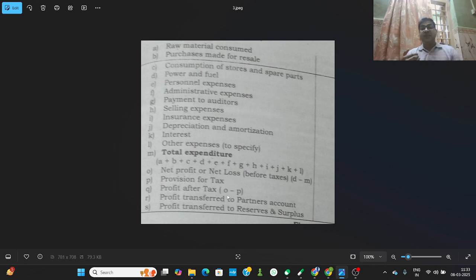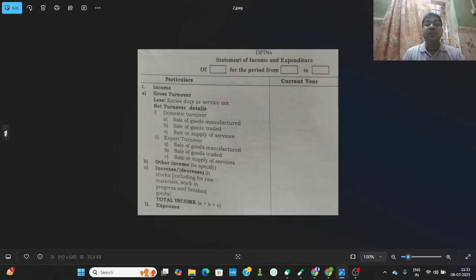Whatever profit we received will be transferred to the partners' capital accounts, and some profit we will share to the reserves and surplus. So this is the vertical form of the income and expenditure statement. You have to understand and write it, and follow it whenever we solve a problem of accounting for a limited liability partnership firm.